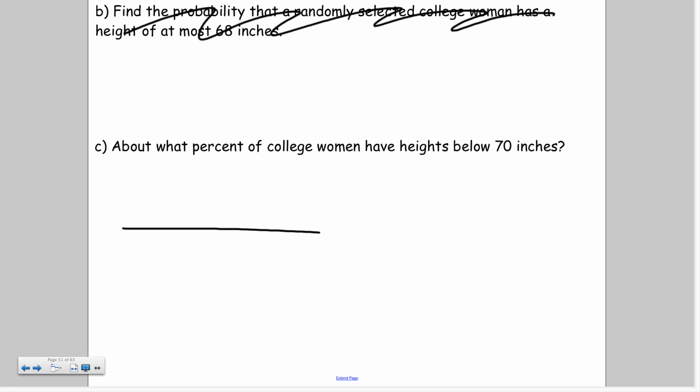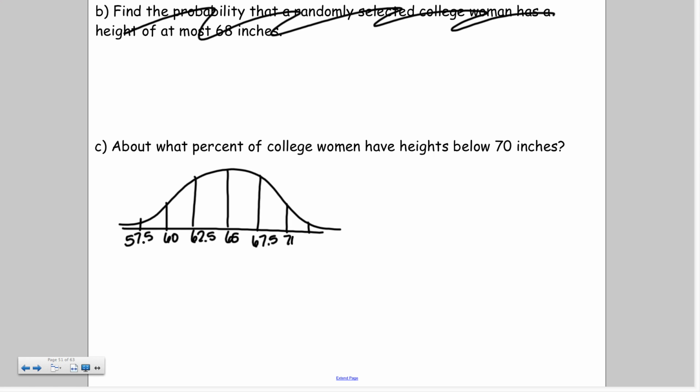So I'm just going to draw my normal distribution curve again. If you want, you can go back and look. And then we have 57.5, 60, 62.5, 65, 67.5, and then 70 and 72.5.